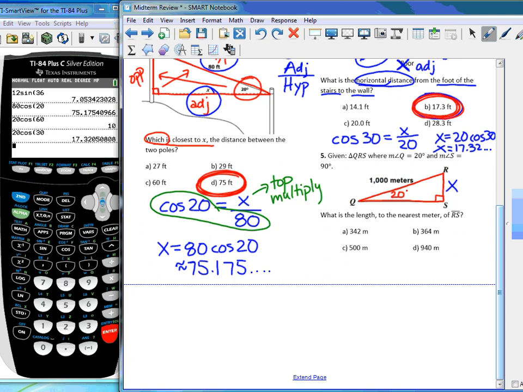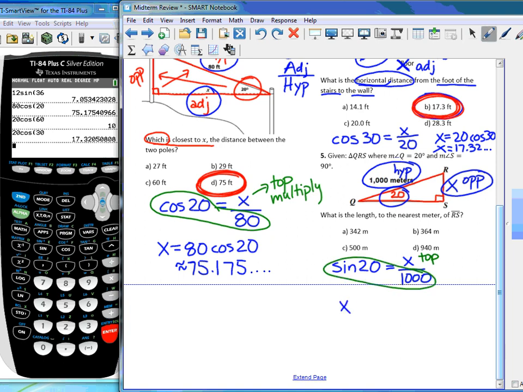Okay, so we circle the angle, we label our sides. Ooh, this time we have the opposite, so it's not going to be cosine, it's going to be sine. So we have sine of 20 is equal to opposite over hypotenuse. The variable is in the top, so we multiply these two.